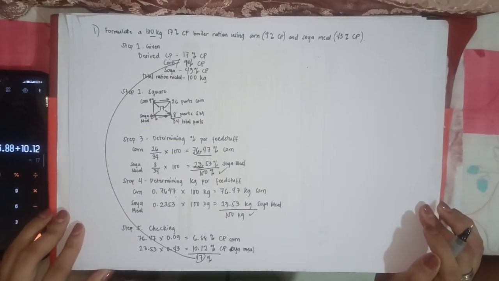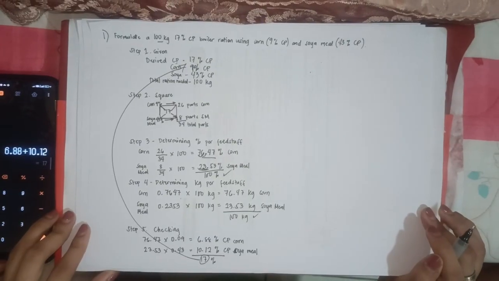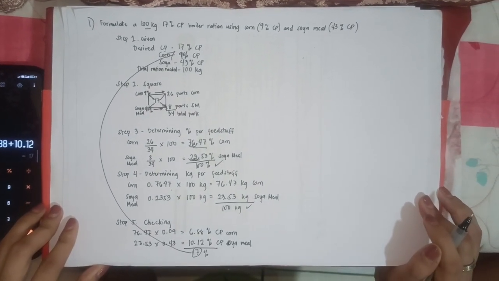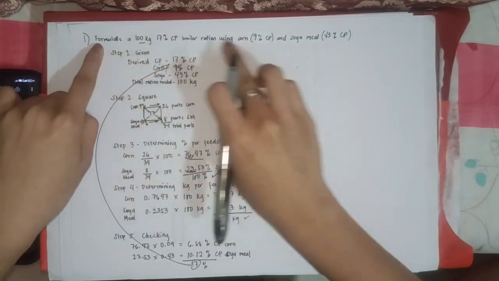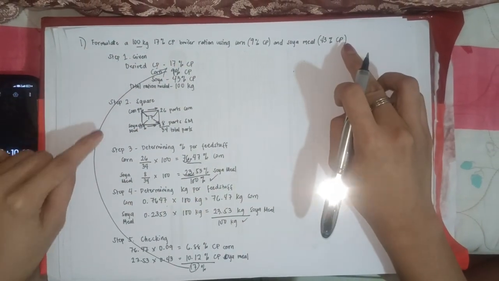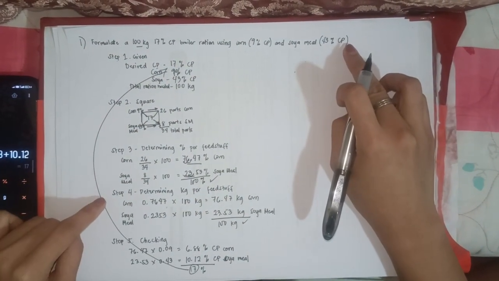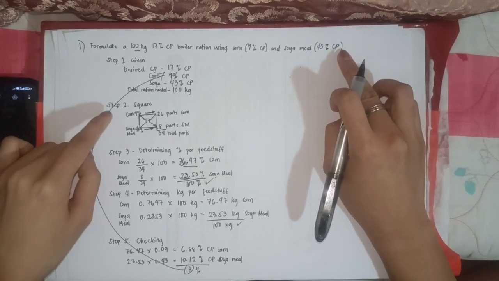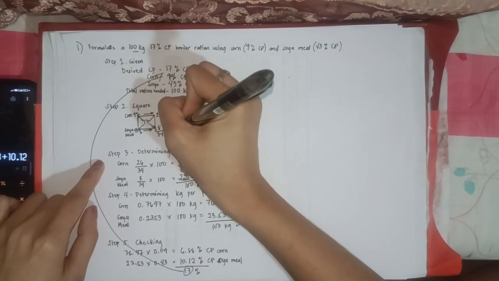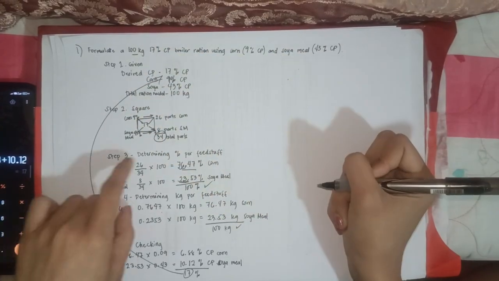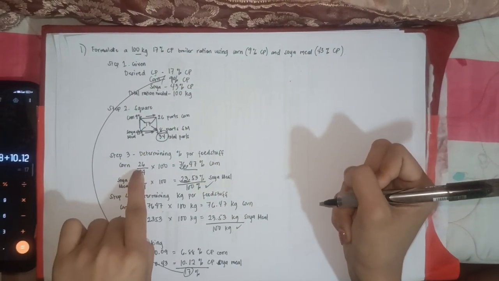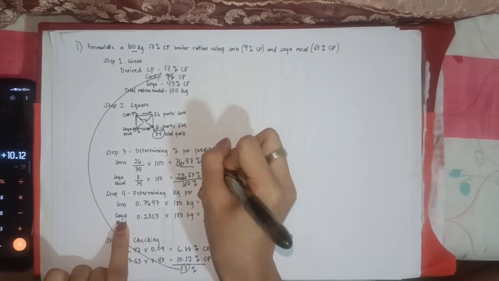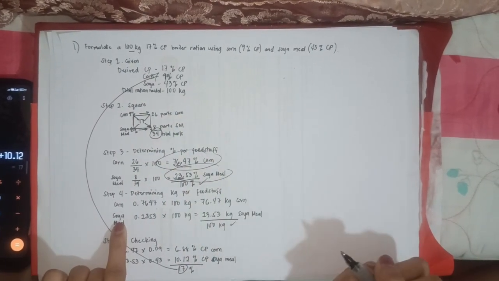And since there is no specific question in this type of problem, then in every step you should encircle or square your answers. So for example, in step 2, you have to encircle the 34 total parts, and then for step 3, you also have to encircle this one and this one.